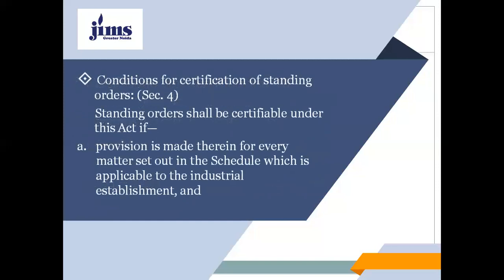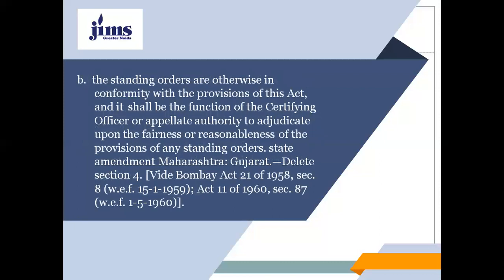Section 4 says provision must be made for every matter set out in the schedule which is applicable to the industrial establishment, and the standing orders must otherwise be in conformity with the provisions of this Act. It means that while framing the standing orders, you should not incorporate any standing order which breaches any provision of the Act.